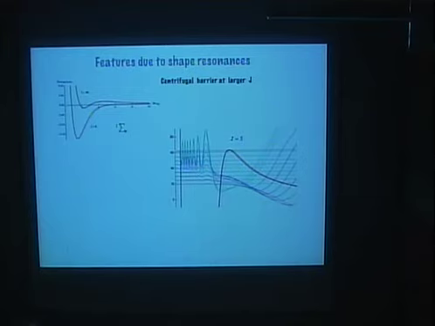So if a collision system comes in with a certain energy which is below this threshold, there's a possibility for tunneling and getting trapped into these quasi-bound levels that can occur inside the hydrogen molecule. In this diagram, this is for the particular J equals 5 angular momentum state for the colliding H2 system.